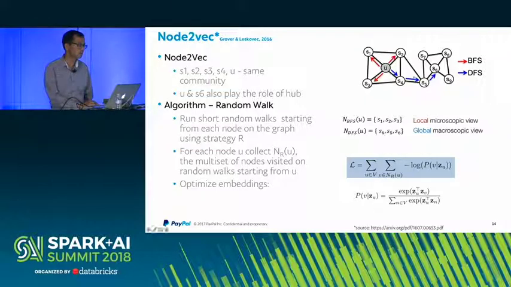But node U and node S6 also have a different kind of similarity in this particular network structure. They have the same role in this network structure. For example, they form something like a hub, like an airport hub. I think Chicago is the hub for United Airlines and Frankfurt is the hub for Lufthansa.